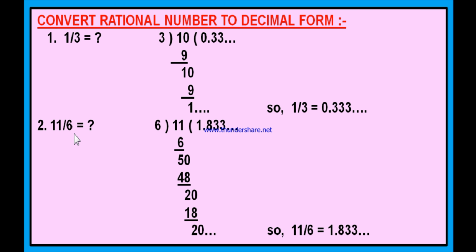And if the denominator contains factors other than 2 and 5 also, such rational numbers are non-terminating repeating decimals. They are also called non-terminating recurring decimals.